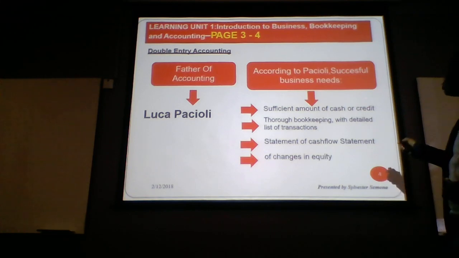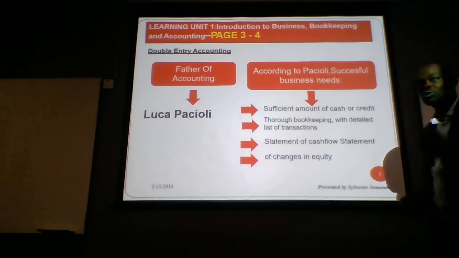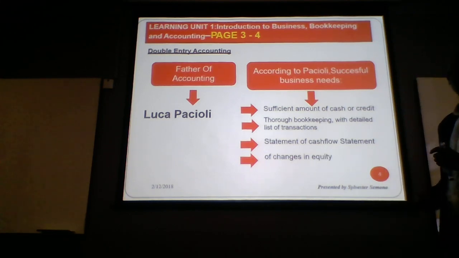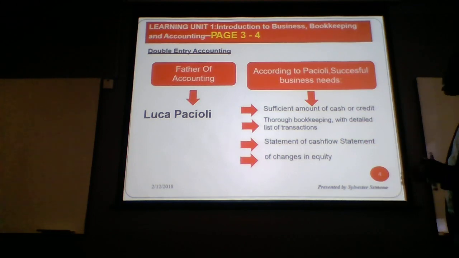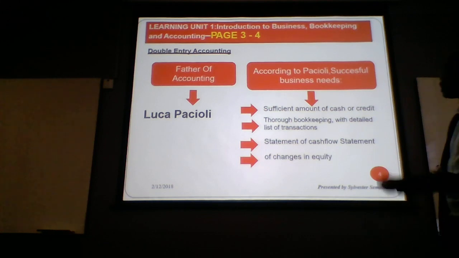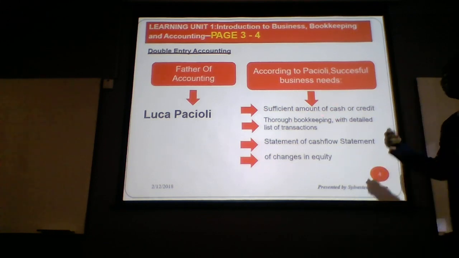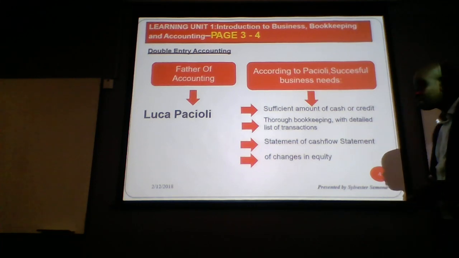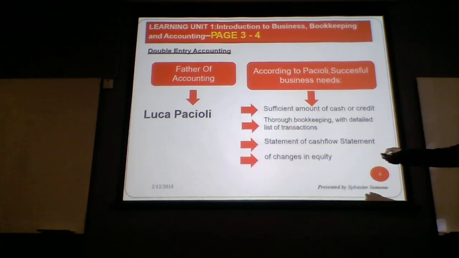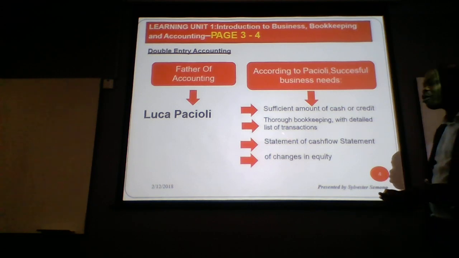So sometimes we need credit for us to be able to acquire what we need. Okay, so you will see the summary of the transactions will normally be based on cash or credit. But he said a sufficient amount of cash or credit so that we can be able to sustain ourselves in this market.